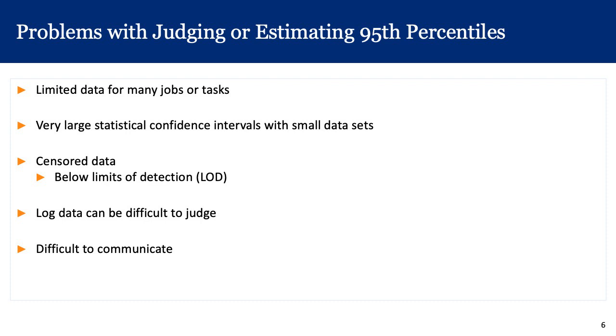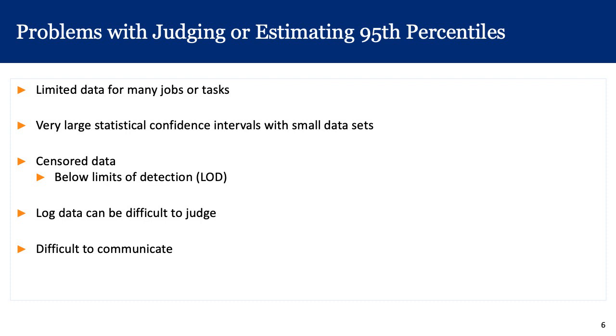Well, there are several problems with estimating or judging the 95th percentile. The first one is that there are very limited data for many jobs and tasks. And sometimes, frequently, there are no data. And so you have to estimate the 95th percentile using your own professional judgment or using a model. So there's very limited data.